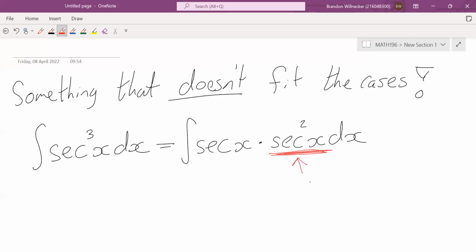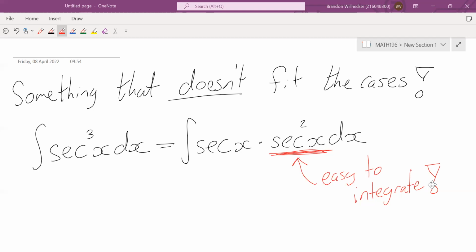So this part here is easy to integrate. And remember, if you have 2 parts to your integrand, and one part is easy to differentiate or the other part is easy to integrate, that tells you to use integration by parts.